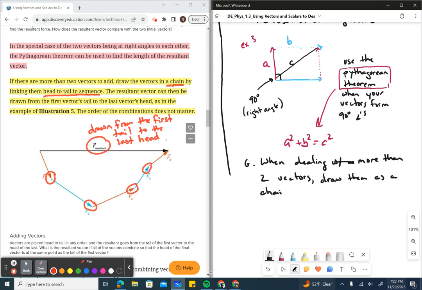Draw them as a chain. Okay. And we just explained that, right?